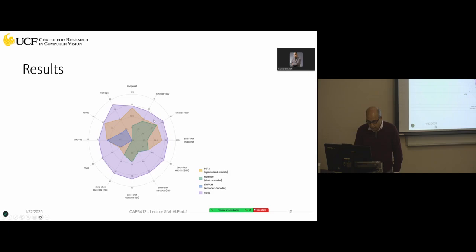Then they are comparing with Florence, which we'll talk about also, which is the green one. This is the SimVLM, and this one. And then we have SOTA, the other specialized models. That SOTA color is not there. I think it's under here or something, right?